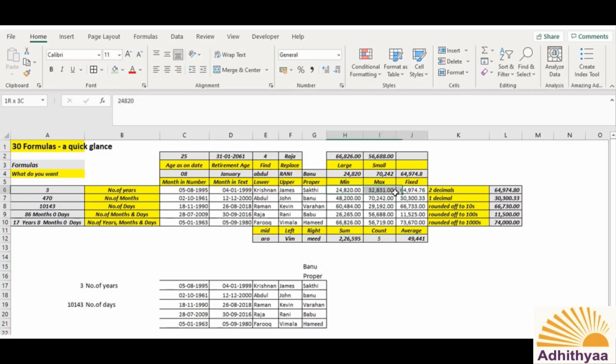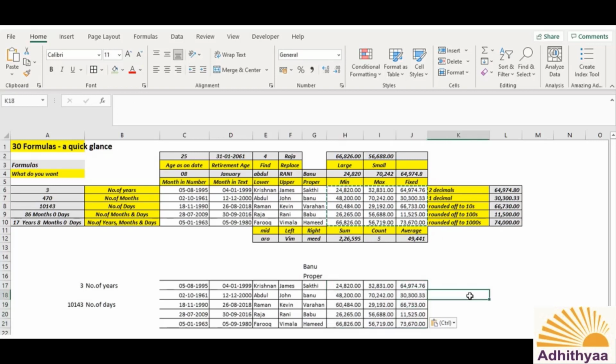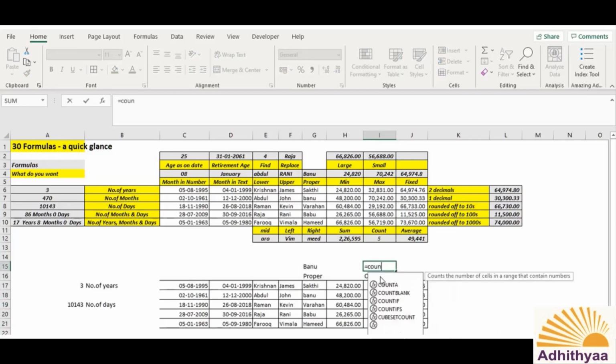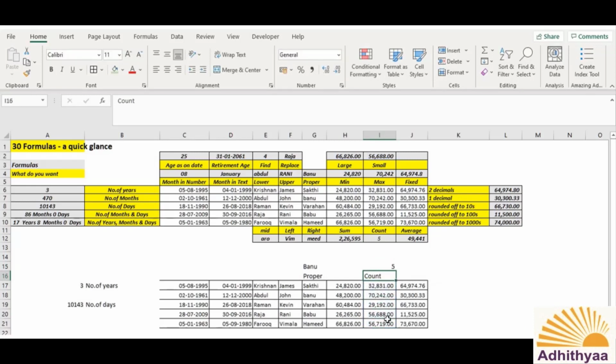Okay, let us also get into these numbers now. Let us see what could be done. Count. Let us see what the count is. How many are there in this range? Let us take the COUNT option. So equals COUNT, open bracket, then you can give this range. You will get the number of cells, that is 5.